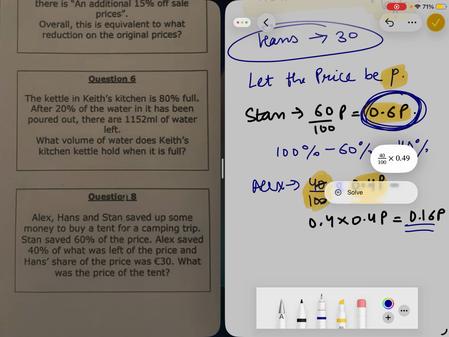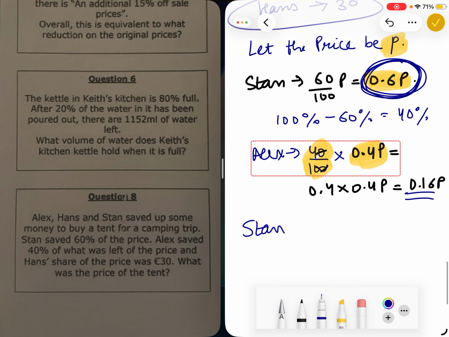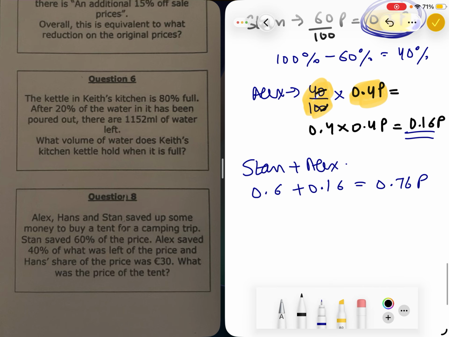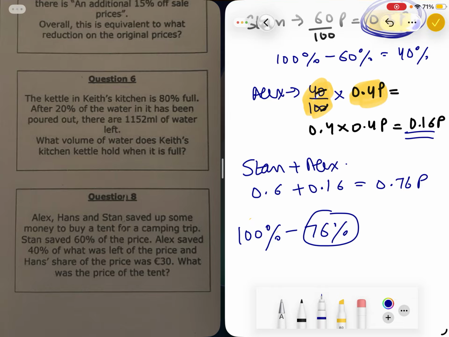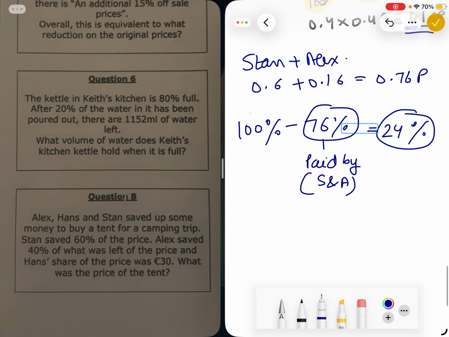Now Han's share will be what remains after Stan and Alex's total, which is 0.6 and 0.16, which is 0.76. So out of 100%, 76% is paid by Stan and Alex. So 24% is left, which Han paid, right?